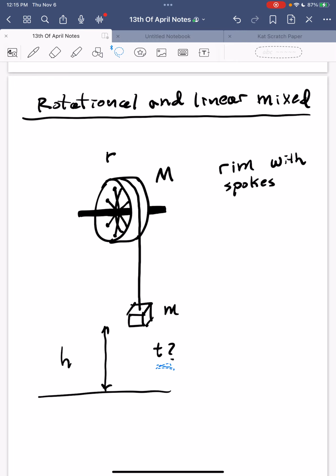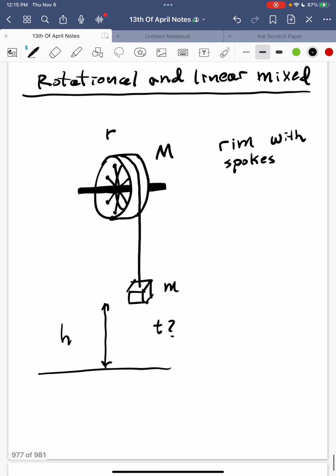It's a complicated problem. There's lots of steps to it, and I'll try to work you through it bit by bit. So first of all, I would say develop a general plan. The general plan is to apply Newton's laws, like F equals ma, to this block down here, and apply torque equals I alpha to this rim up here.